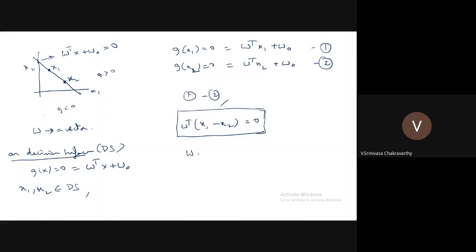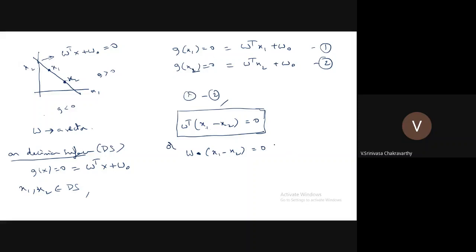Or I can say the same thing as W dot x1 minus x2 is 0, because x transpose y is the dot product. What's the meaning of this? W and x1 minus x2 are perpendicular. Perfect, yeah.